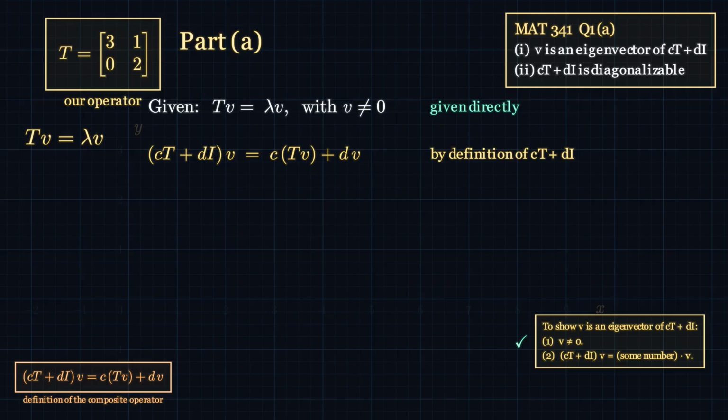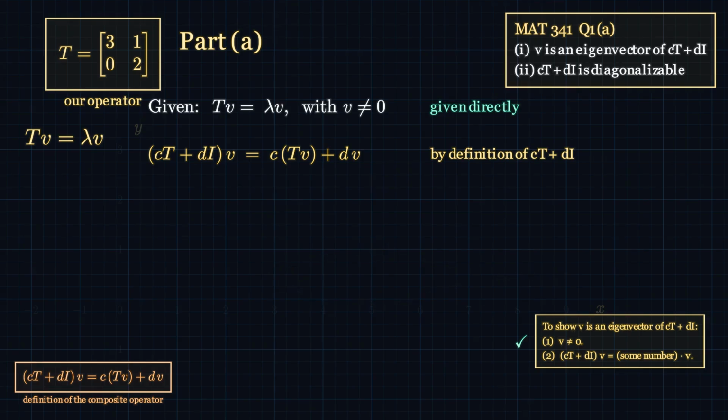You defined it yourself 2 minutes ago: feed V to both parts, scale each output, add. This line is that definition, applied to our specific arrow. Every equal sign in a proof must have a reason, and this one's reason is the definition of the operator Ct plus Di.